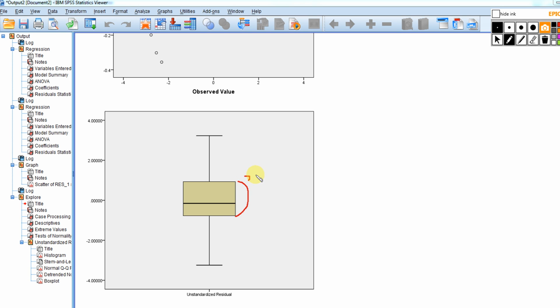This line right here represents the median residual for the residual variable, and the whiskers are capturing the upper 25% of the distribution of residuals, and the lower 25%.